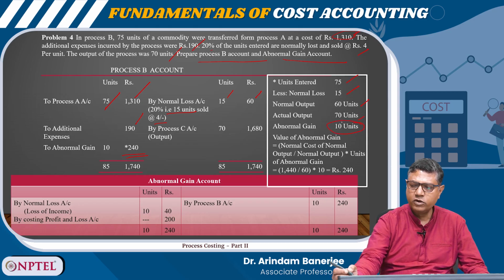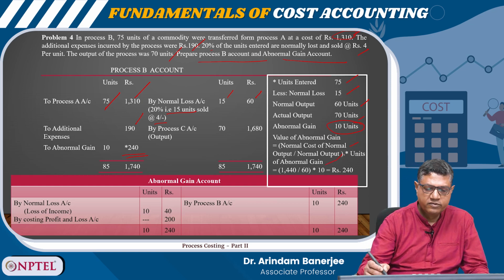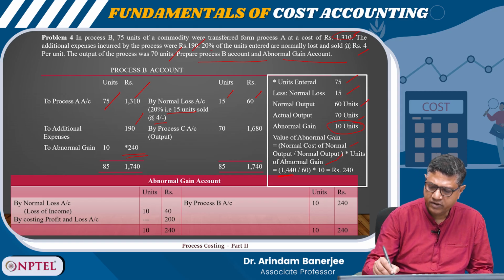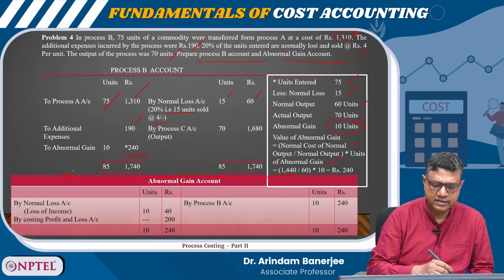Now, the value of abnormal gain I can calculate by using this formula: normal cost of normal output divided by normal output into units of abnormal gain. So, this value is coming to 1440. How is this 1440 coming?